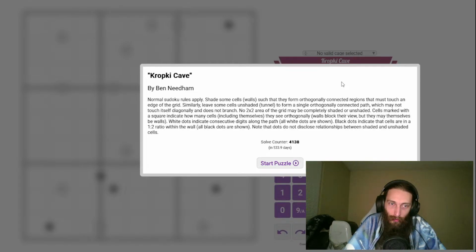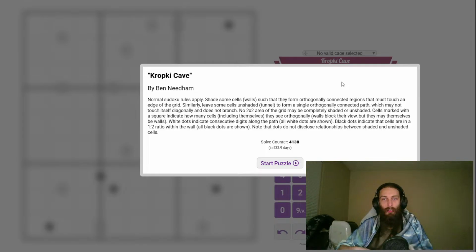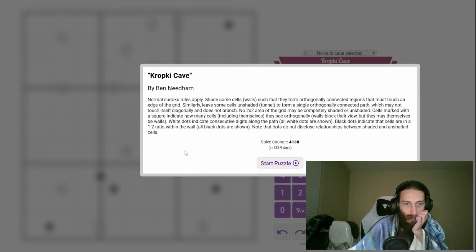and cells marked with a square indicate how many cells, including themselves, they see orthogonally. Walls block their view, but they may themselves be walls, and white dots indicate consecutive digits along the path. All white dots are shown, and black dots indicate that cells are in a 1:2 ratio within the wall.